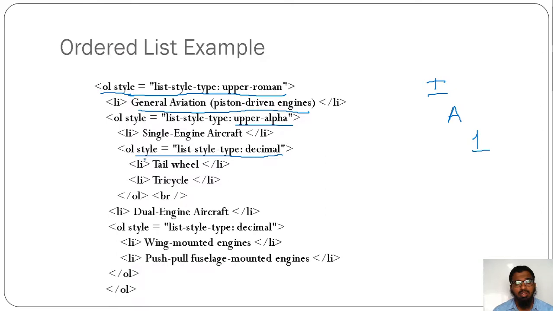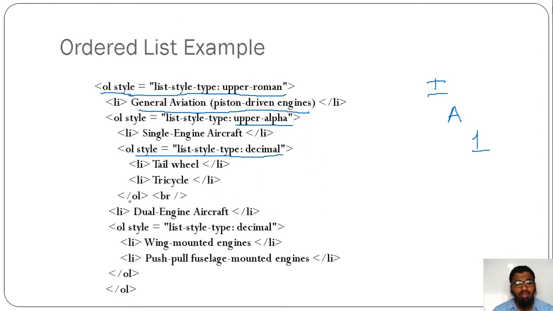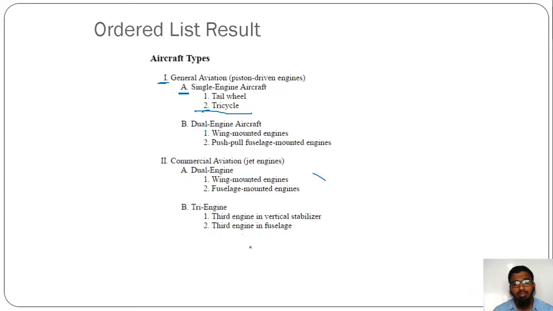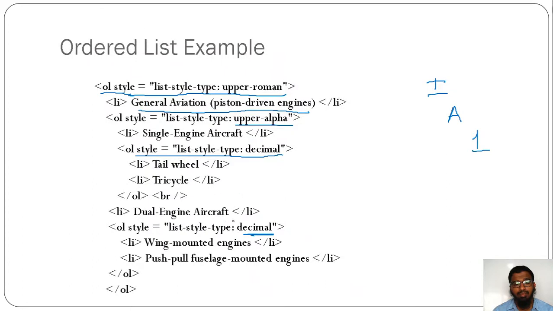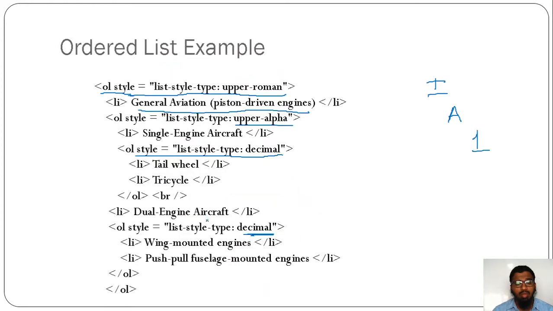So this is how we are getting the output. Next, after this, LI dual engine aircraft, OL style list-style-type is decimal 2.